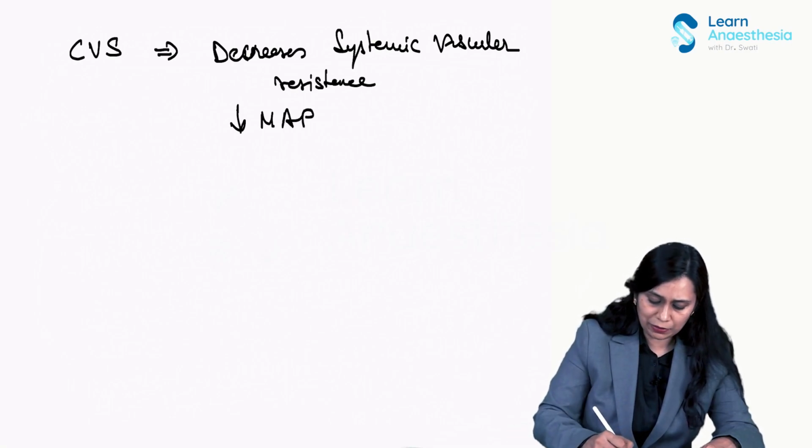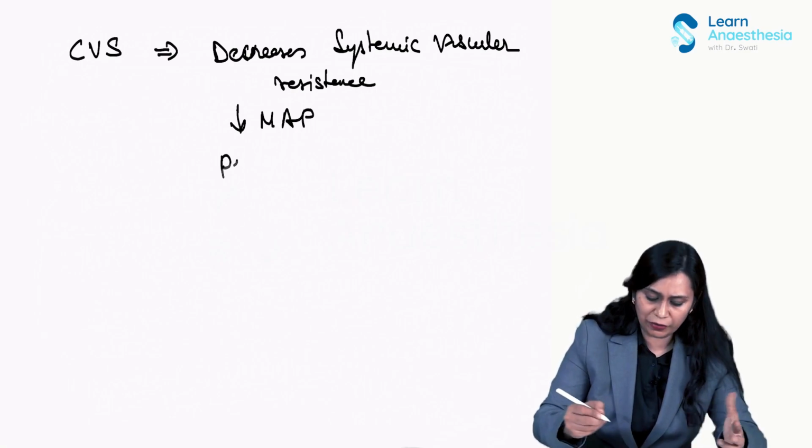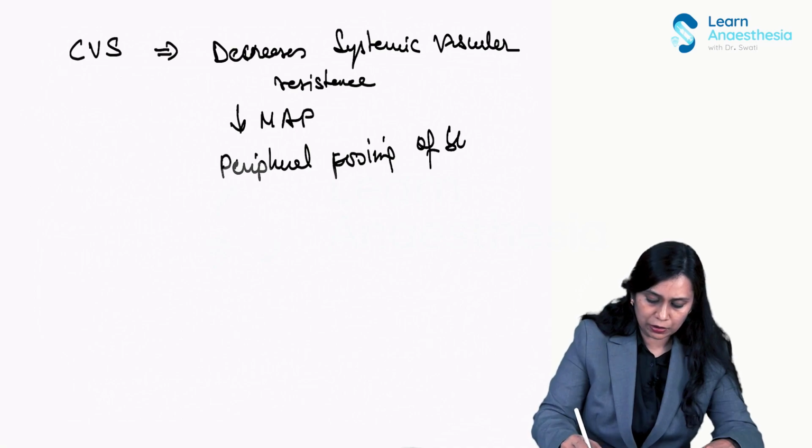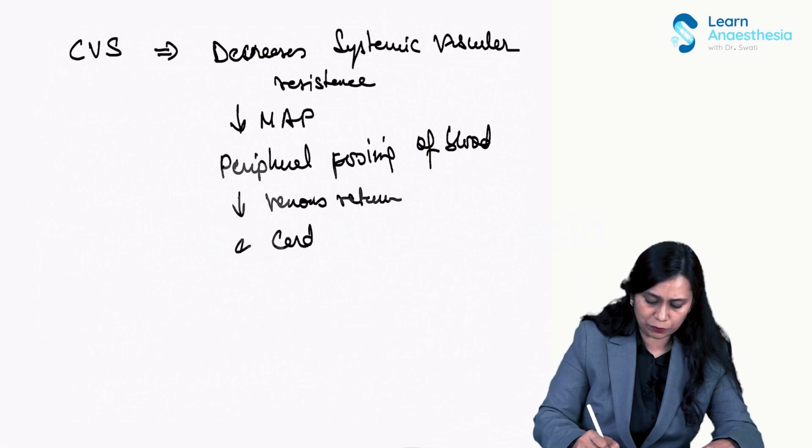Because of the decrease in systemic vascular resistance, vasodilatation happens, so there is peripheral pooling of blood in the lower limbs. This will decrease venous return and cardiac output, both will decrease.